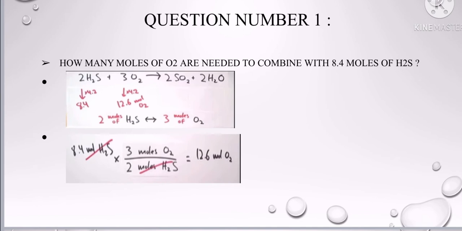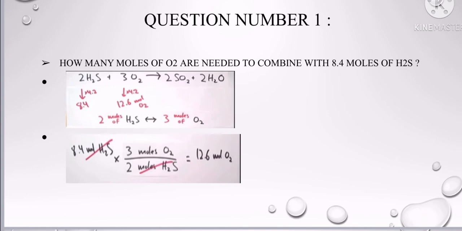And you can also solve this problem in a simpler way that I like the most. That means there are two ways. The second way is that you write the thing that you have, which is 8.4 moles of H2S.